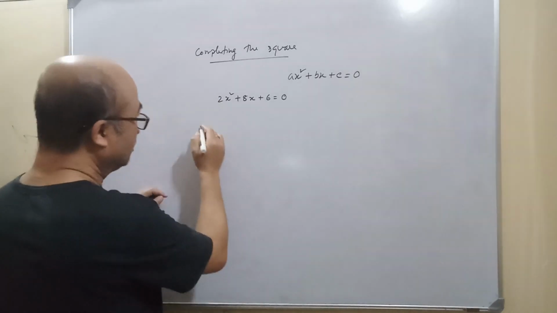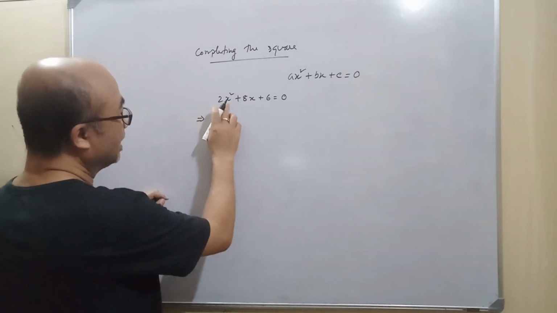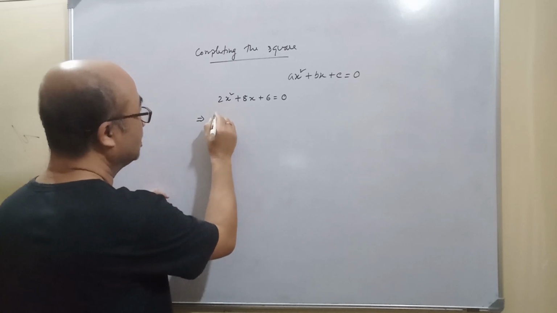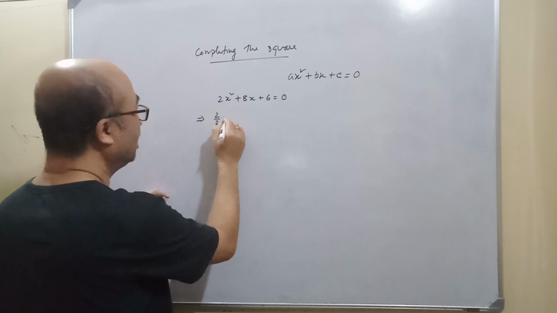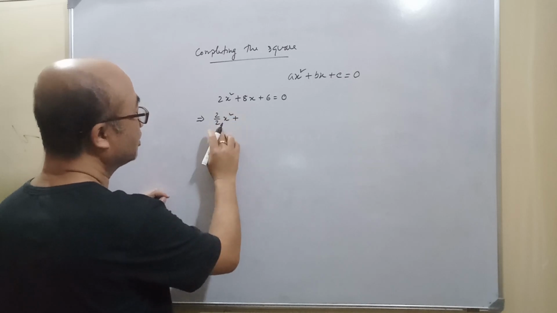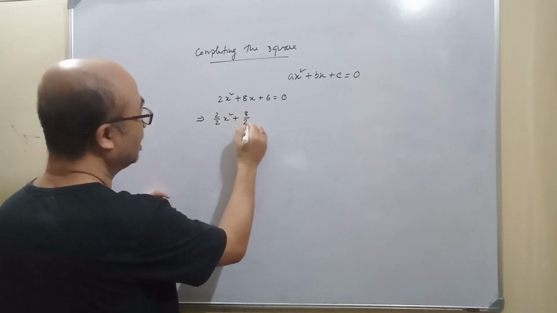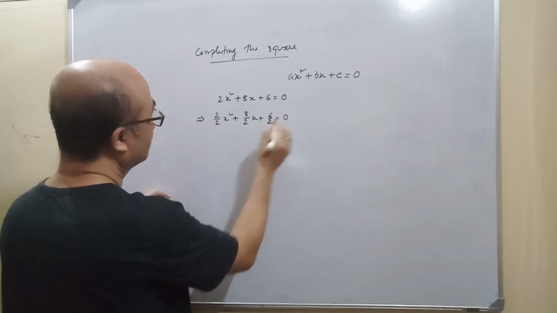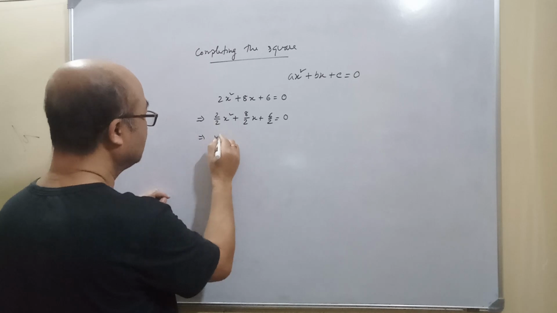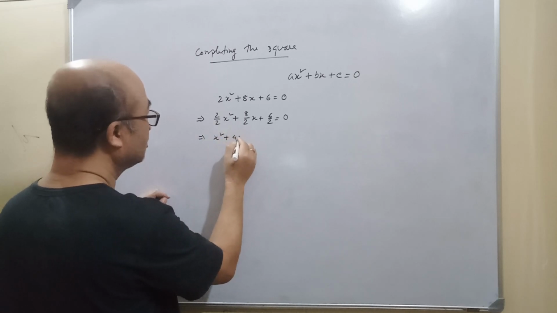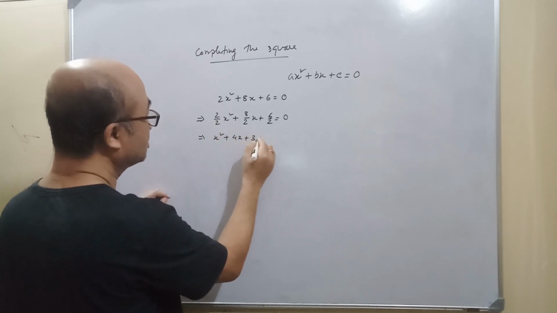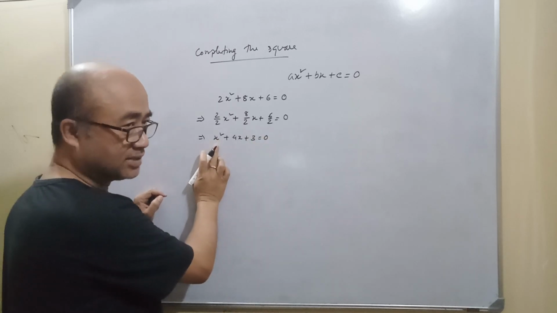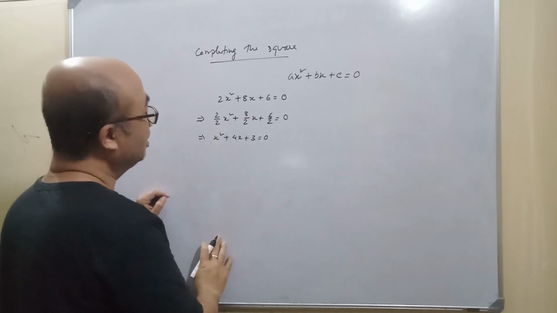So what we will do is, first we will make the coefficient of x square equal to 1. So for that we have to divide the whole thing by 2. So it becomes x square plus 4x plus 3 by 2 equal to 0. So now the coefficient of x square is 1.